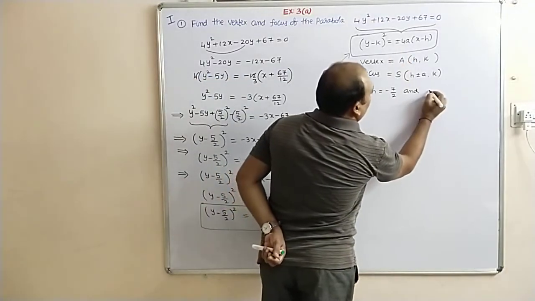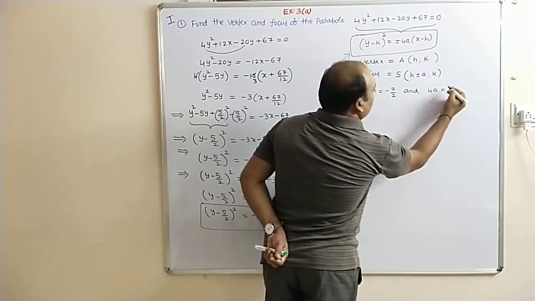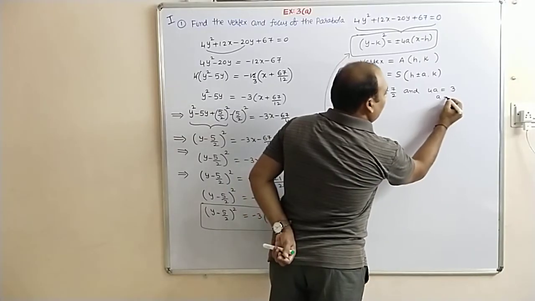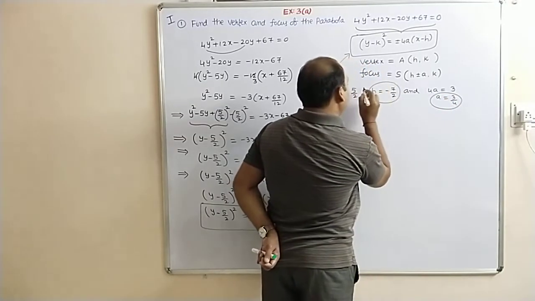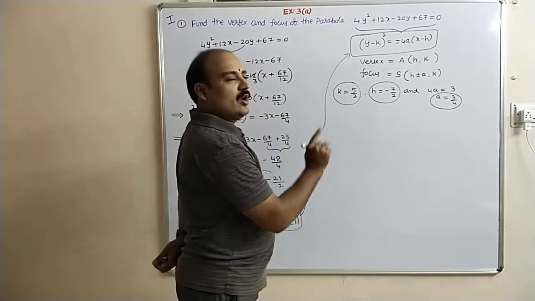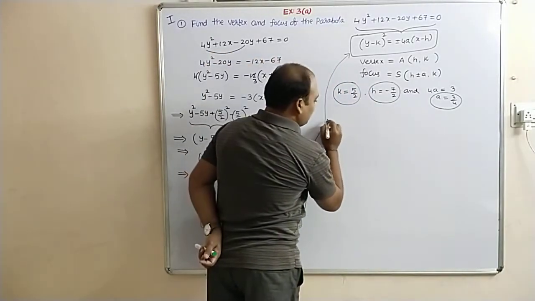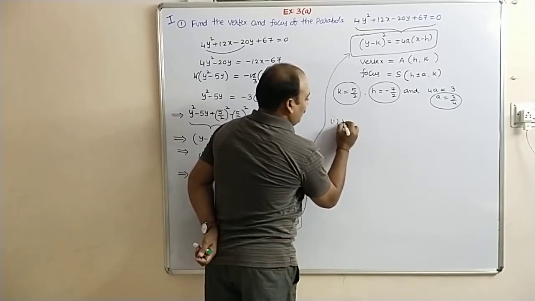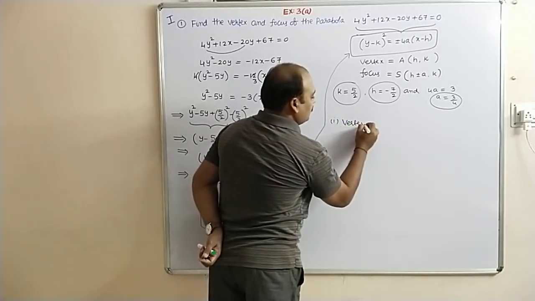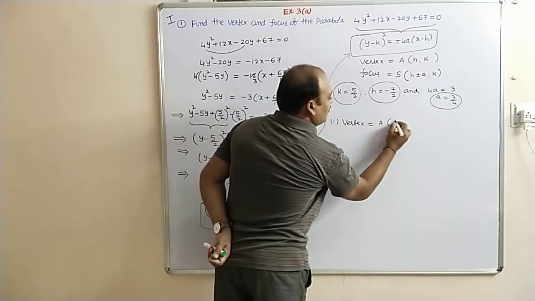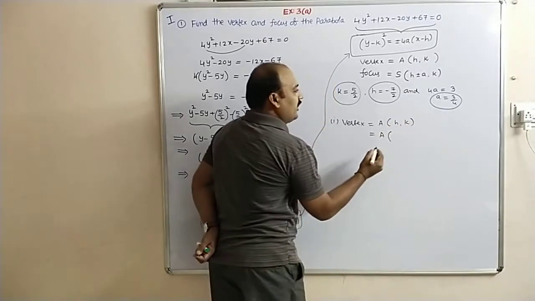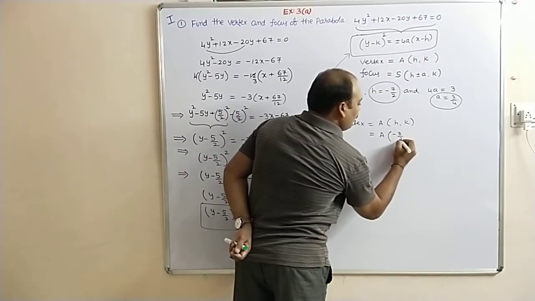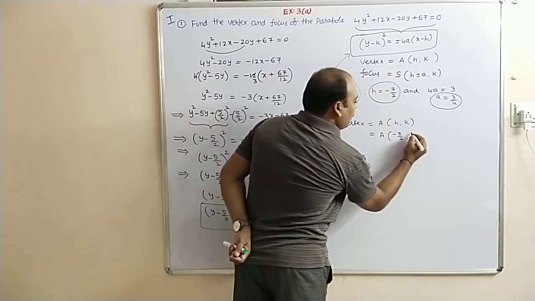Minus 4a means here 4a is equal to 3, so a is equal to 3 by 4. After getting these values, one by one we have to write the vertex. The vertex is (h, k). The h value is minus 7 by 2 and the k value is 5 by 2.